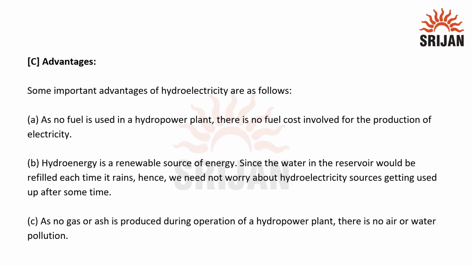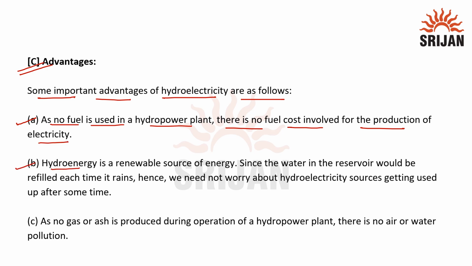Now let's understand the advantages. Some important advantages of hydroelectricity are as follows. A. As no fuel is used in a hydropower plant, there is no fuel cost involved for the production of electricity.